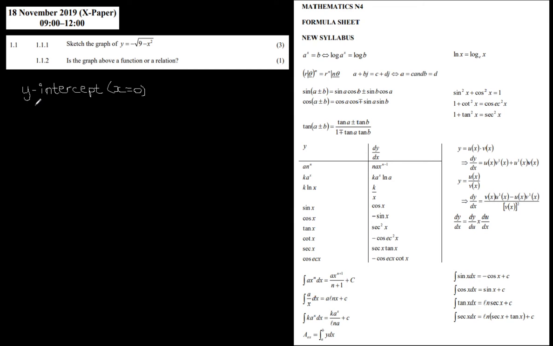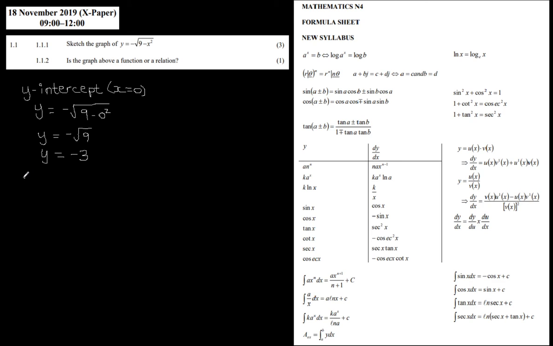That means that y equals negative the root of 9 minus 0 squared. That means that y will be negative root 9, and root 9 we know to be 3. So my y-intercept will be negative 3.